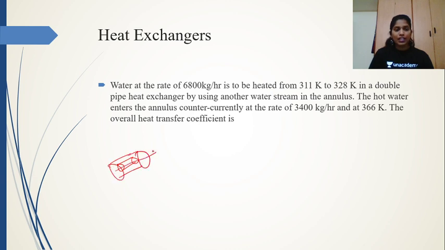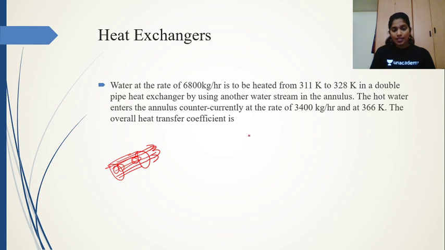Inside, one liquid is going, and in the outer annulus part, between these two pipes, another liquid is going. So the hot water enters the annulus countercurrently at the rate of 3400 kg per hour and at 366 Kelvin. So he is asking about the overall heat transfer coefficient.